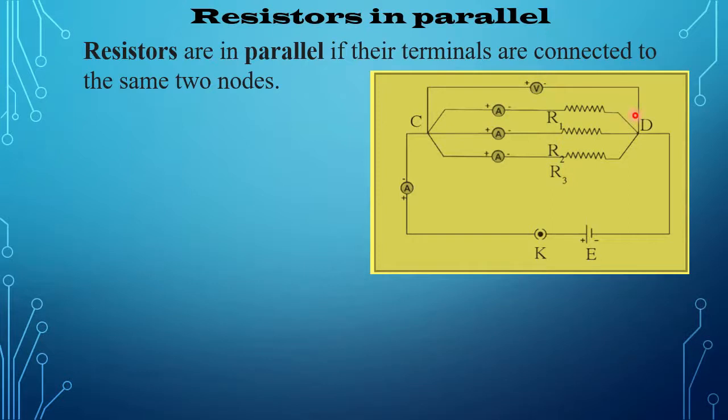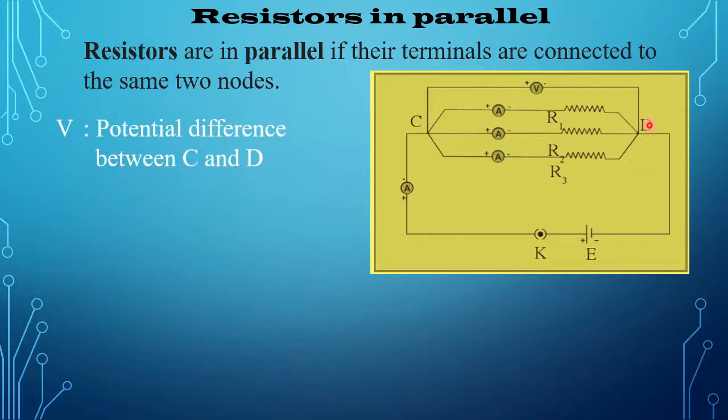Let V be the potential difference between point C and point D. And let I1, I2 and I3 be the currents flowing through R1, R2 and R3 respectively.